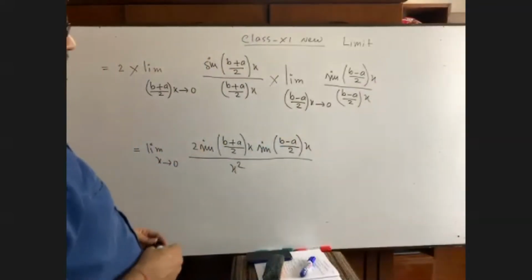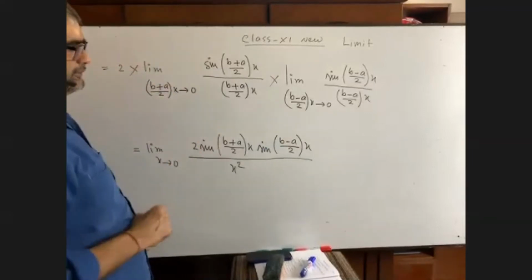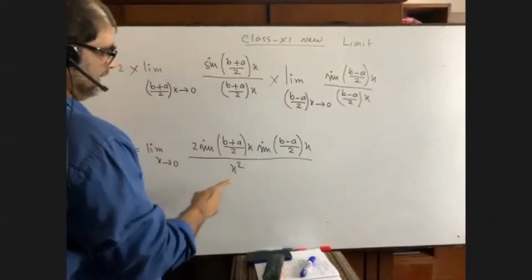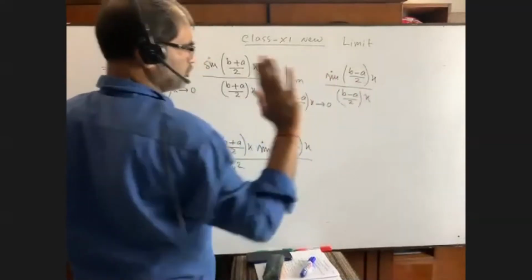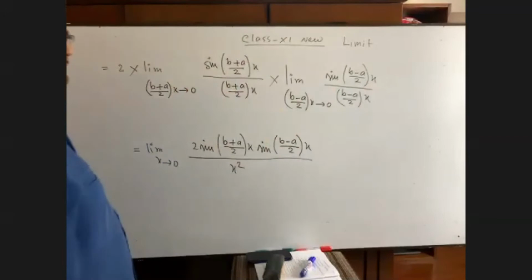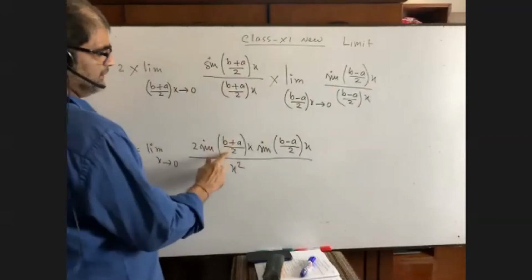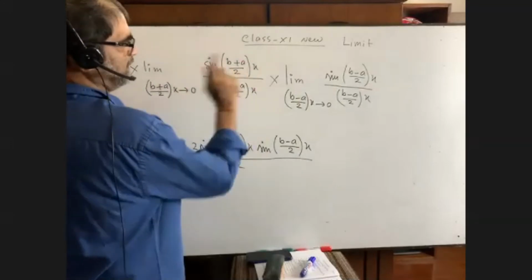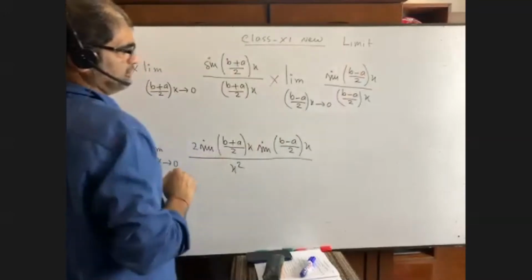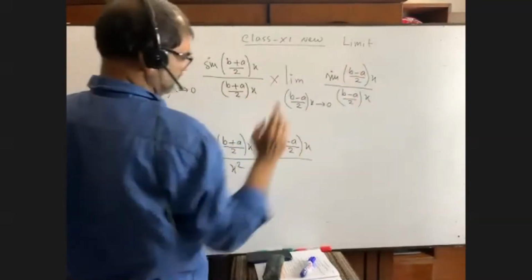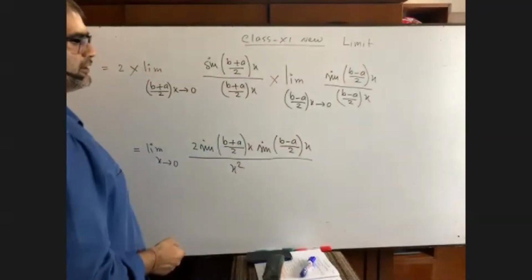Now, you try to understand, please, at first. You see, it is x square, x into x. So x square is done. It is sine (b plus a) x by 2, sine (b plus a) x by 2, sine (b minus a) x by 2, sine (b minus a) x by 2. This x square is in the denominator.